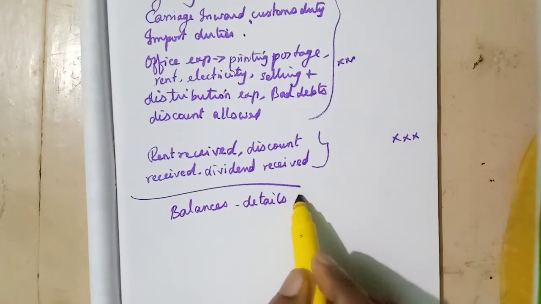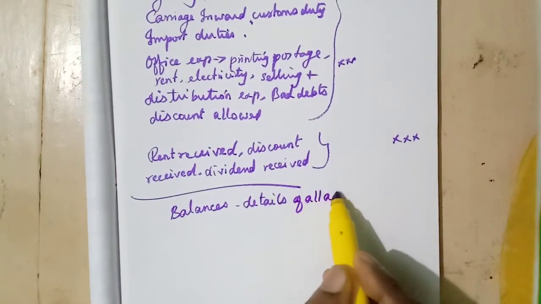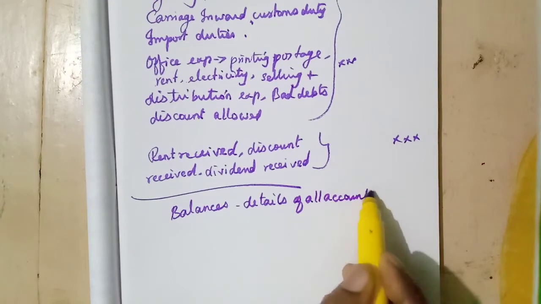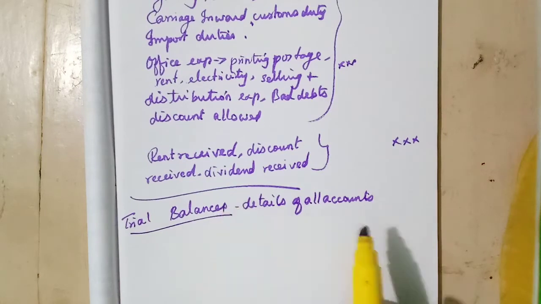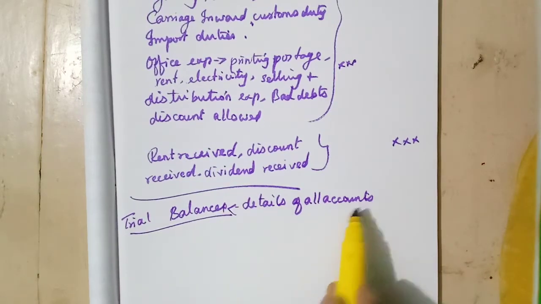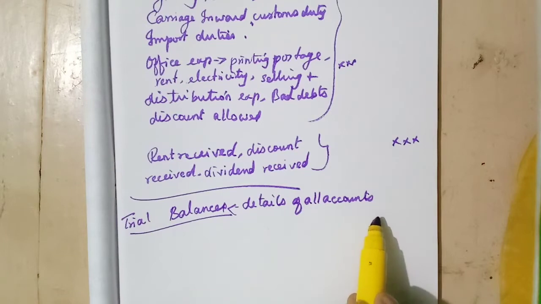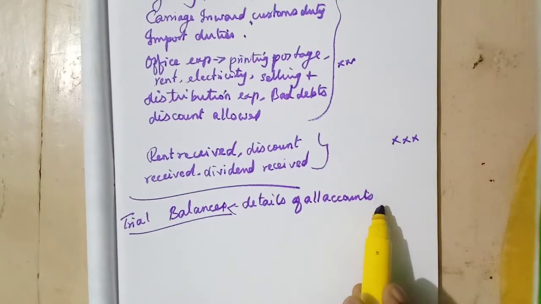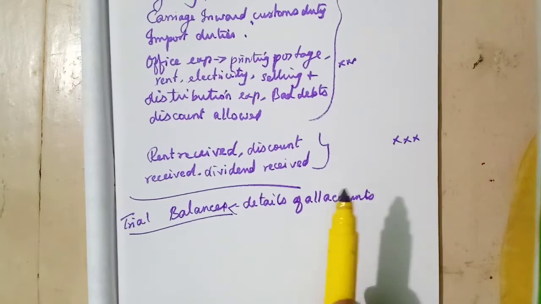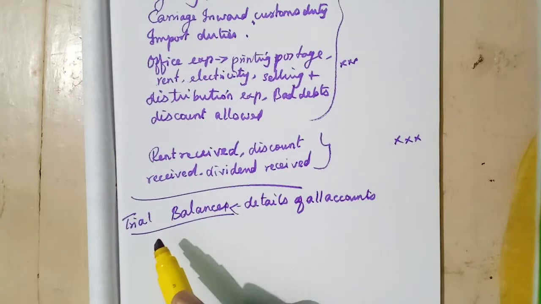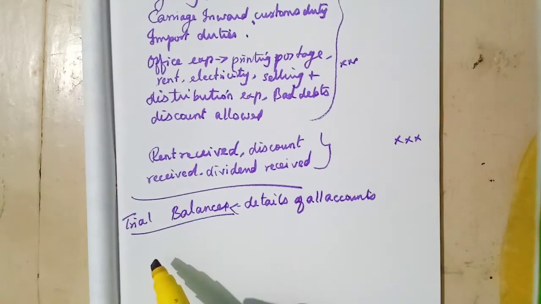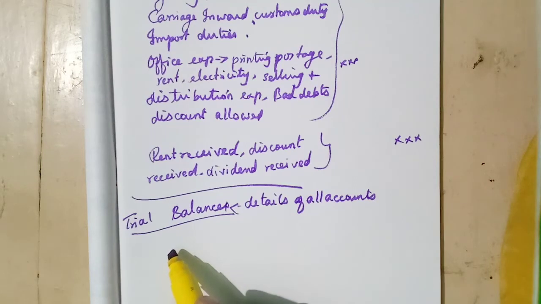Now, details of all accounts can be known from the trial balance, a summary of all accounts. For example, in rent received, how much we have, or loan, how much we have, how many creditors we need to pay, how many debtors need to pay us. So all these things we can find out.